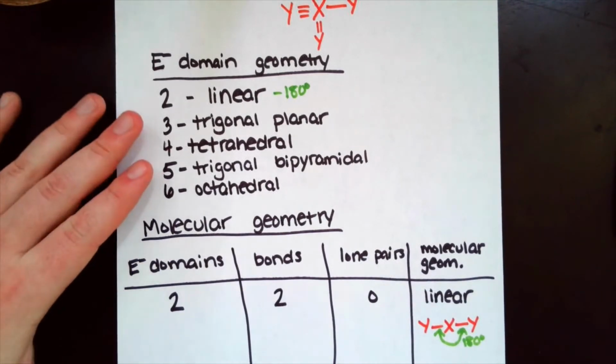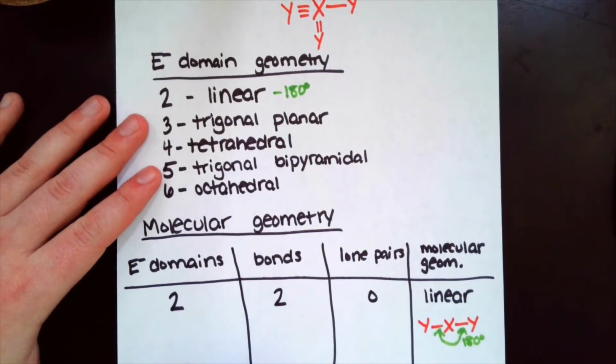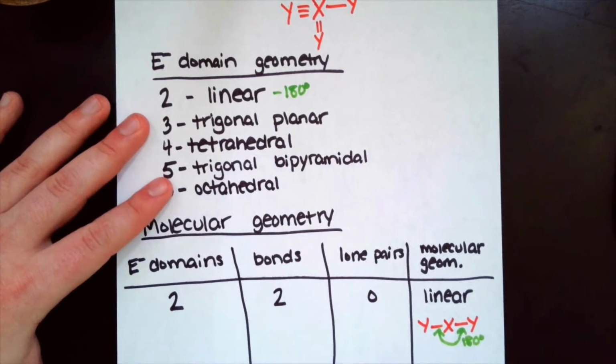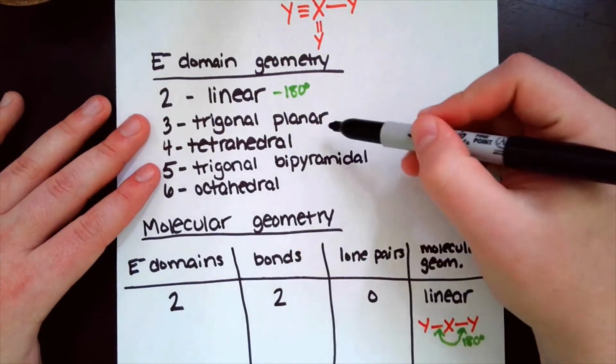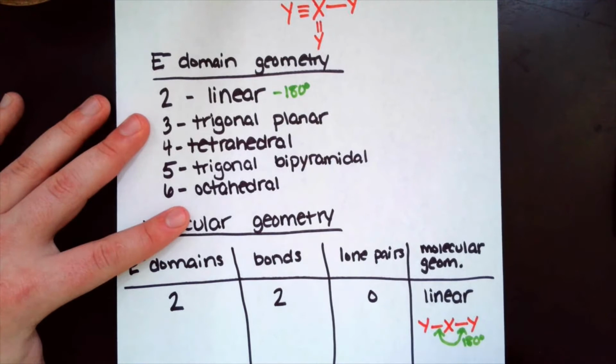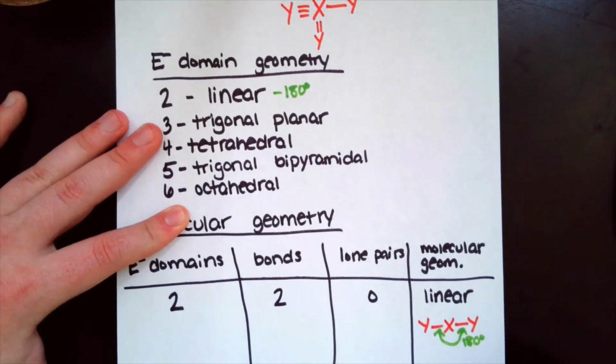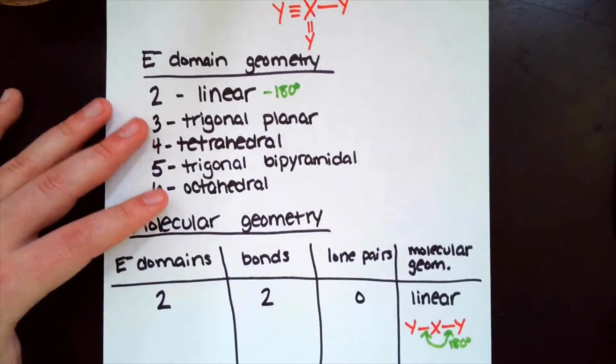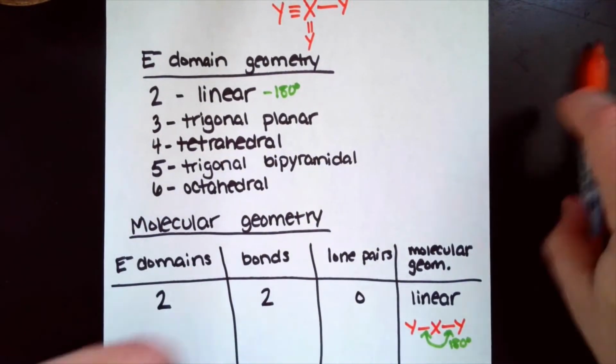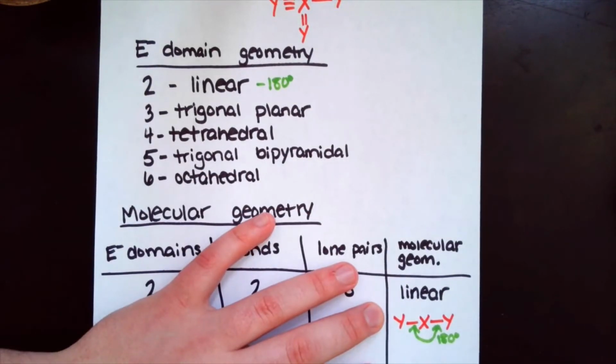Next, if we have 3 domains and they're all bonds, of course that means it's the same as the electron domain geometry. So you have trigonal planar, which I'm just going to abbreviate a little bit right there. And what that looks like is this.